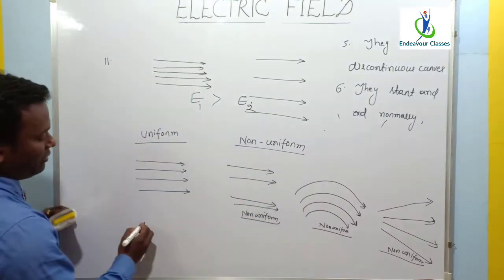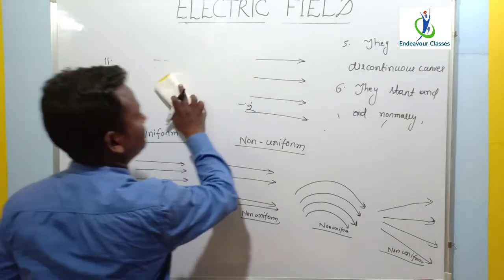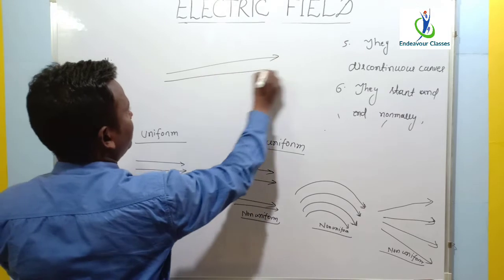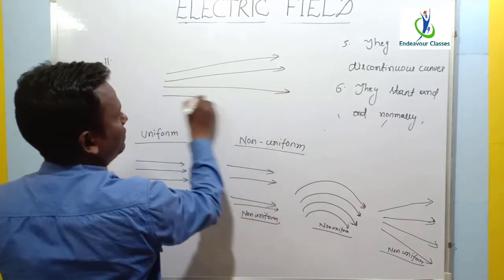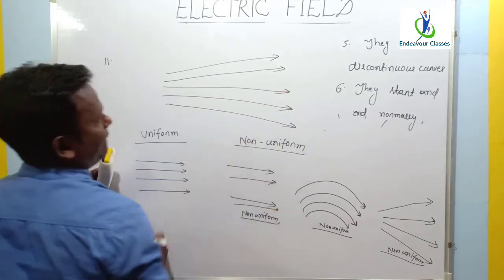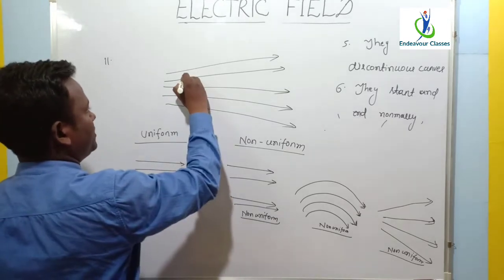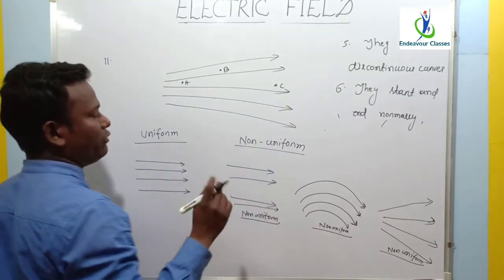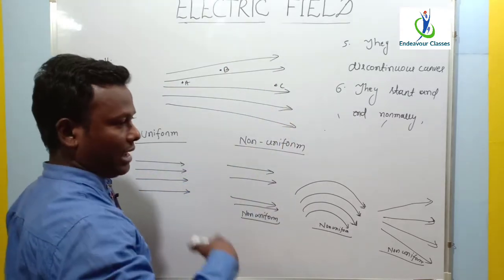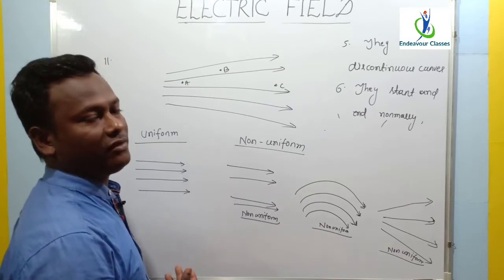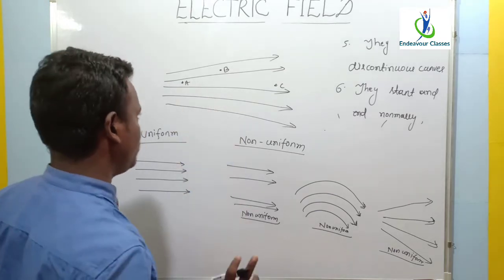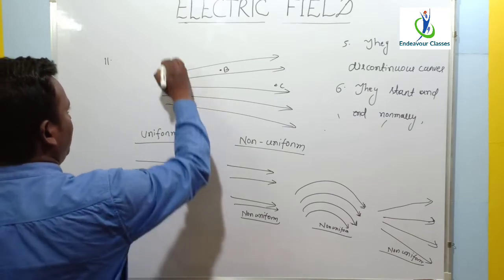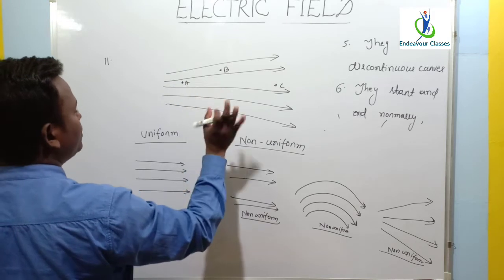So if we have a non-uniform field like this, and we are given 3 points, suppose this is point A, this is point B, and this is point C, and you are asked to arrange the order of increasing electric field at points A, B and C. Definitely the electric field will be stronger at point A, because here the distance between the lines of force is less.